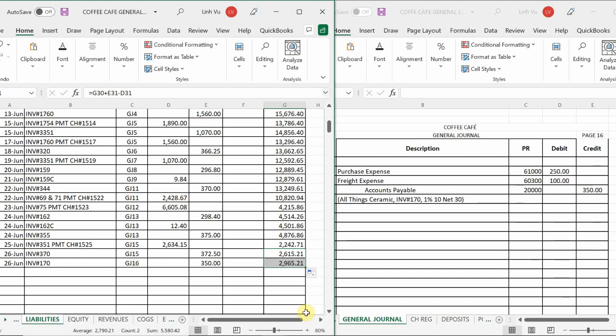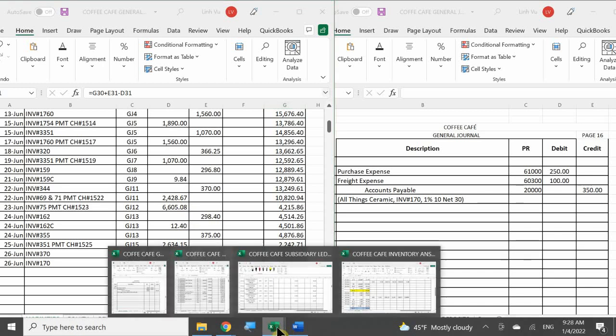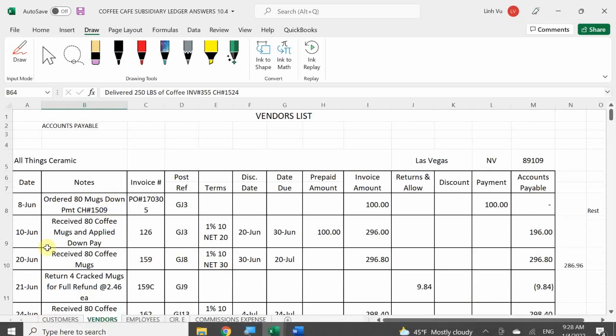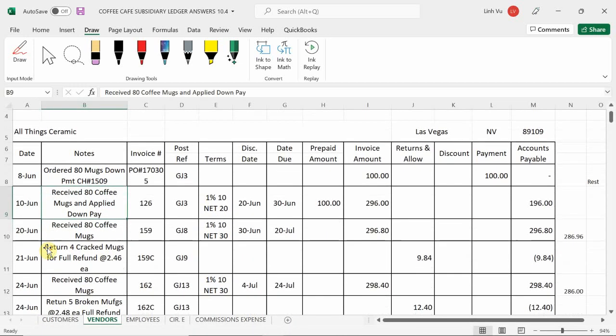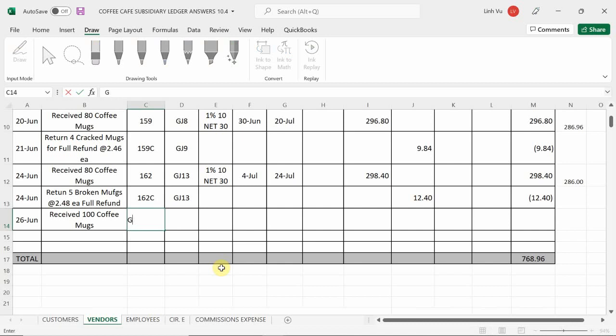We go to the subsidiary. All Things Ceramics here, $170, General Journal 16.